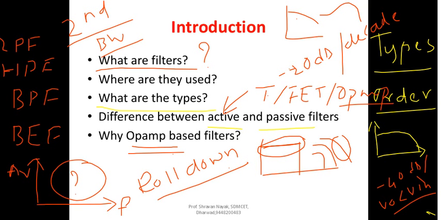Since we are discussing operational amplifier based filters, let us see some of the basic advantages of using them. The first thing is that, as the name itself indicates, you have the provision of amplifying the signal along with the filtering. Then low noise, right?